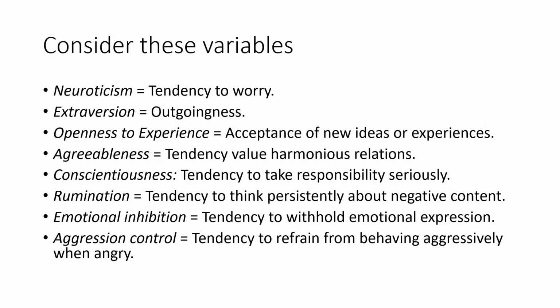Here we have the variables neuroticism, extroversion, openness to experience, which is acceptance of new ideas or experiences, agreeableness, how agreeable someone is or how much they value harmonious relations, conscientiousness, the tendency to take responsibility seriously, rumination, the tendency to think persistently about negative content, emotional inhibition, the tendency to withhold emotional expression, and aggression control, the tendency to refrain from behaving aggressively when angry.